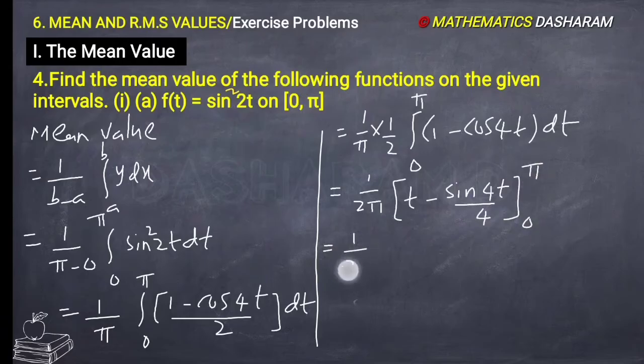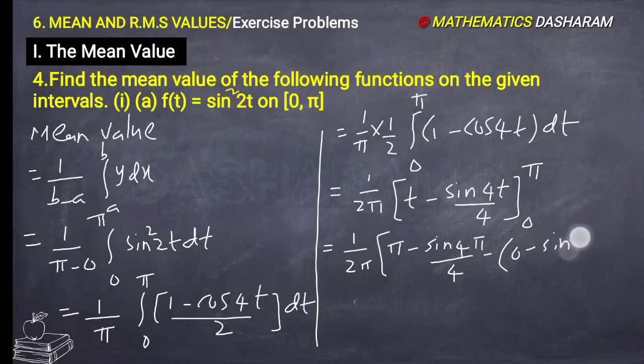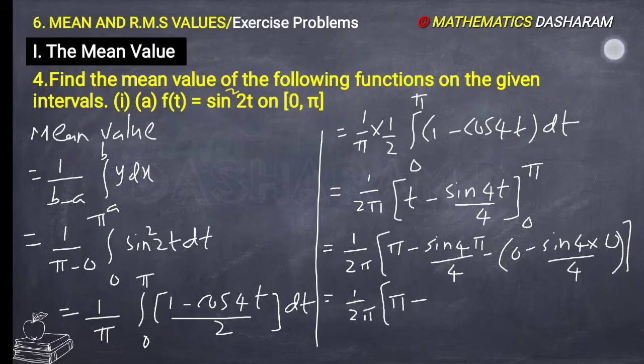Now let's substitute the upper and lower limits. So (pi minus sin 4 pi by 4) minus bracket of (0 minus sin 4 into 0 by 4). So it is equal to 1 by 2 pi, minus sin 4 pi value is 0 by 4 minus 0, minus sin 4 into 0 is sin 0, value 0 by 4.